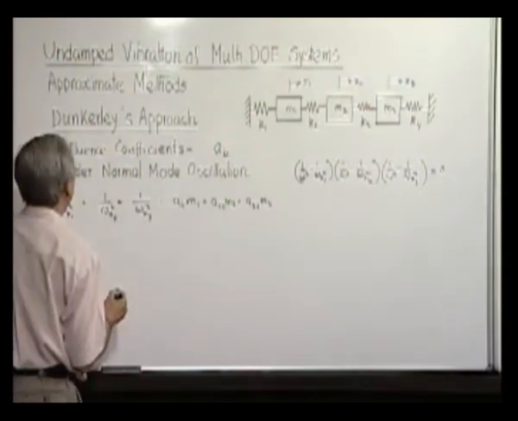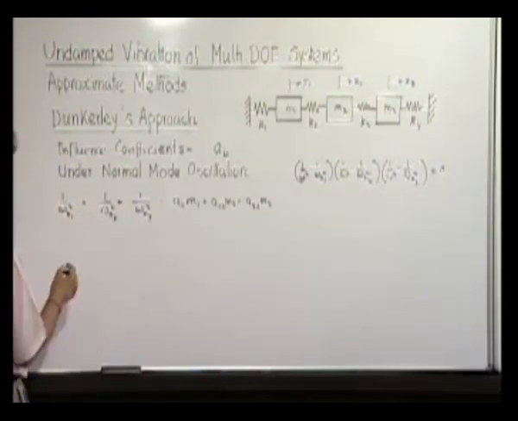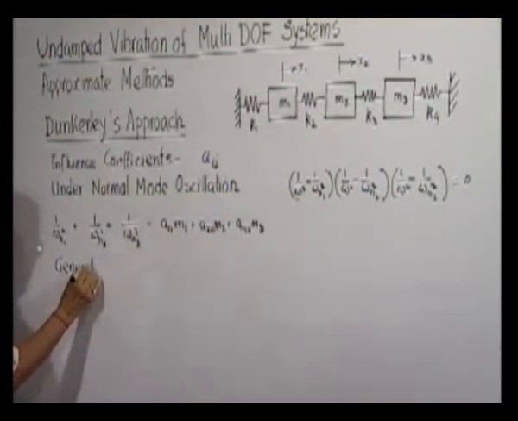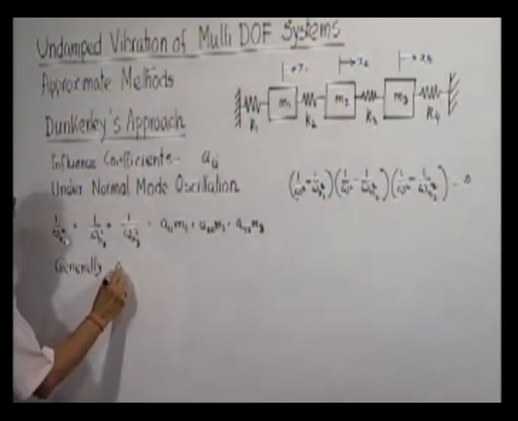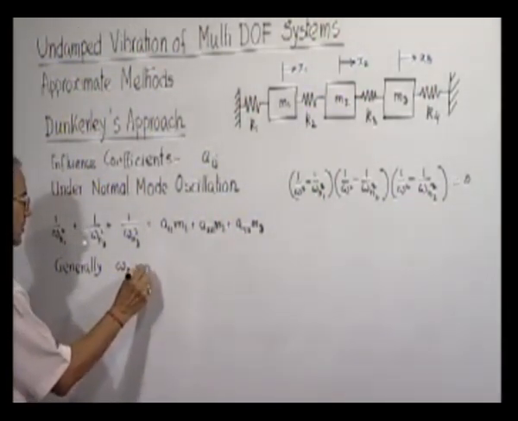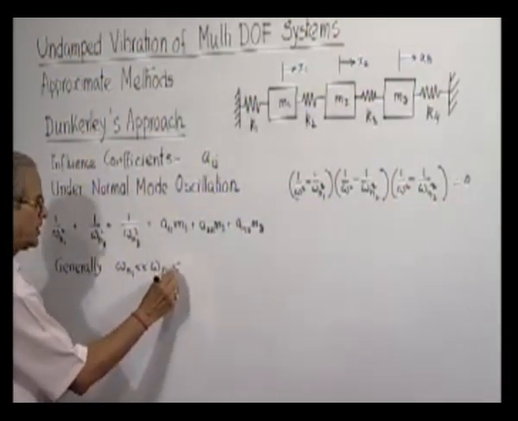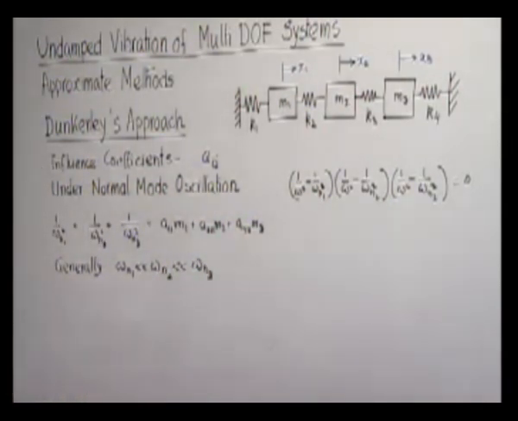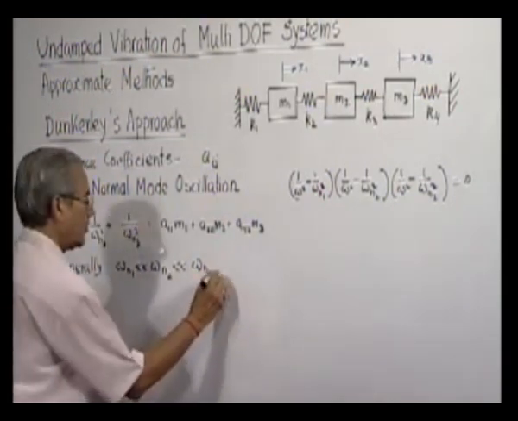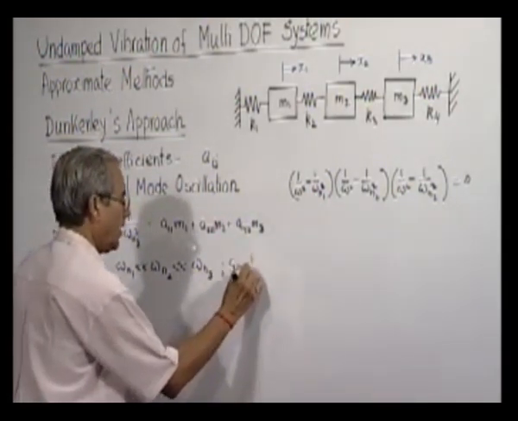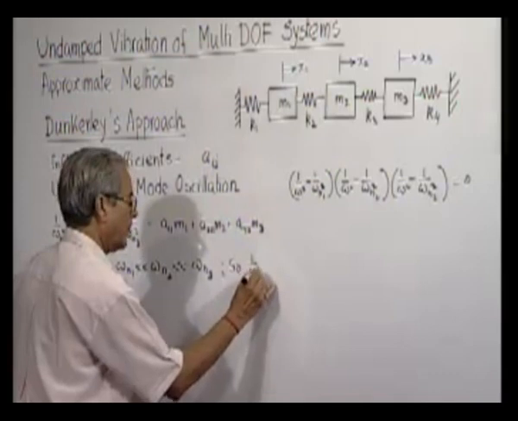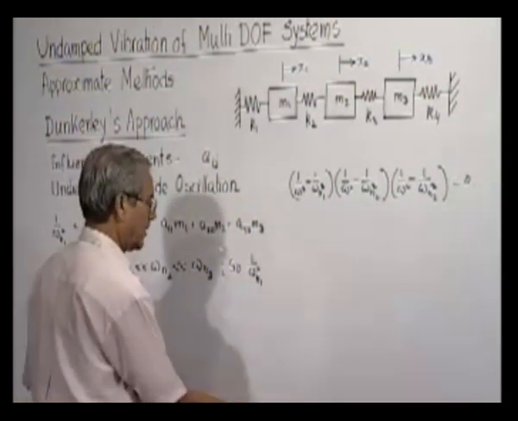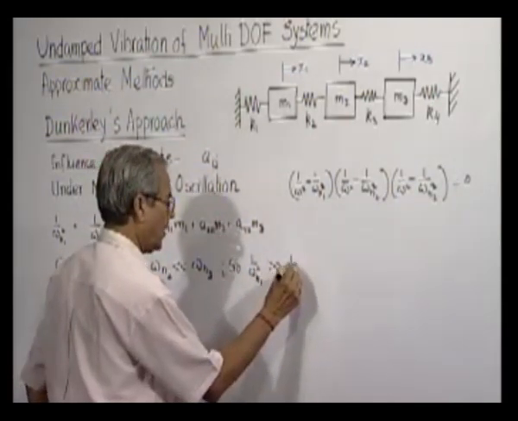Now comes the main logic of Dunkerley. Generally, omega n1 is much less compared to omega n2, which is again much less compared to omega n3. Generally, they are gradually increasing. So, 1 by omega n1 squared is much more than 1 by omega n2 squared and 1 by omega n3 squared.